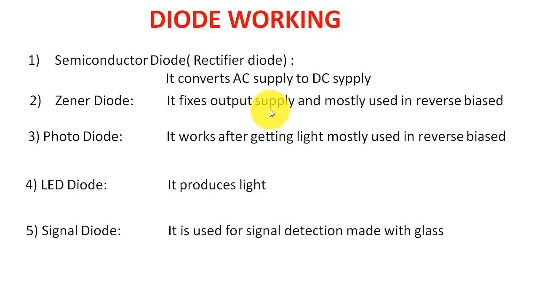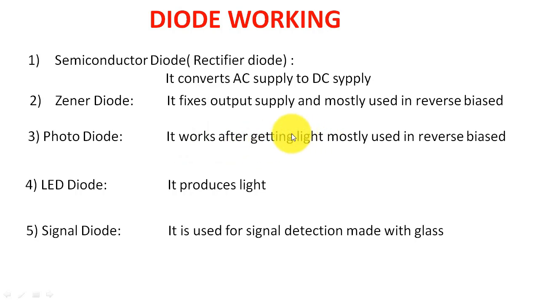There will be a fixed voltage supply at the cathode point of the Zener diode, so when the voltage passes, this diode will fix the voltage. And then the photodiode works after getting light.